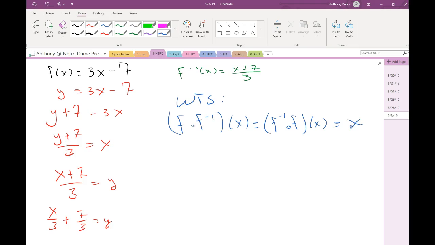And doing this is equivalent to drawing the graph and showing that it's a reflection. This is actually how you would do that rigorously.